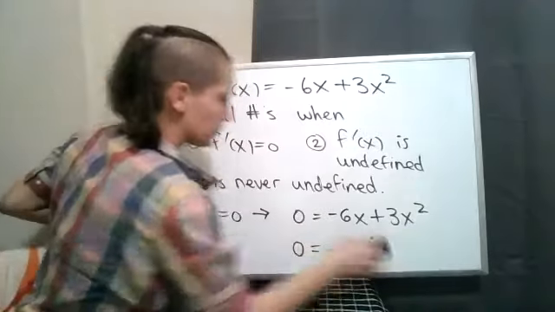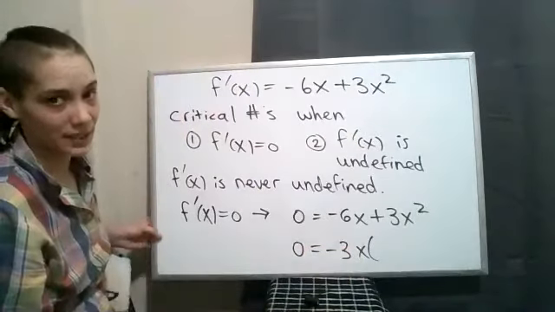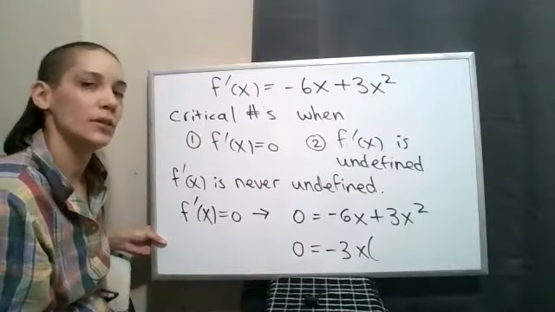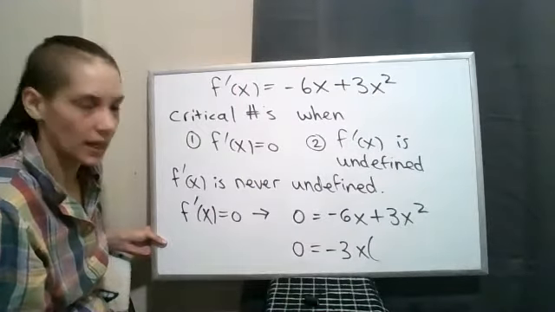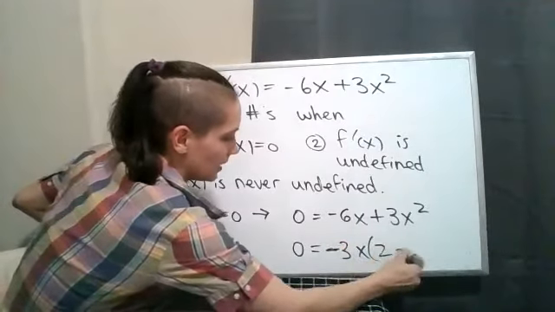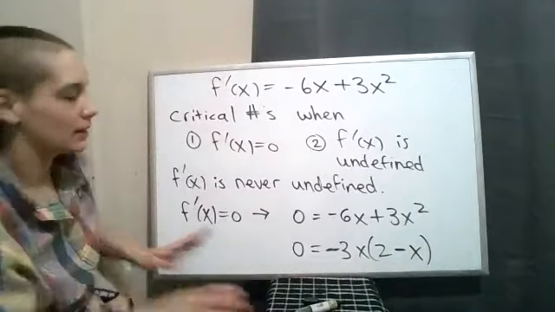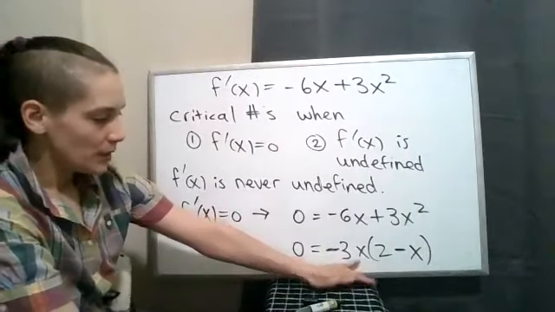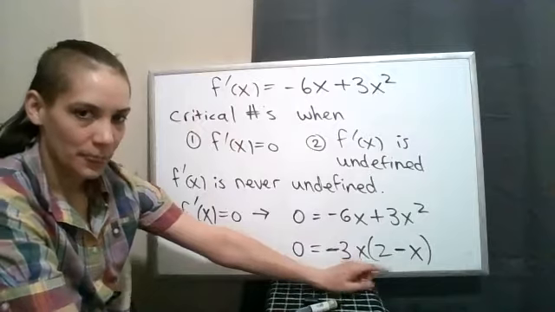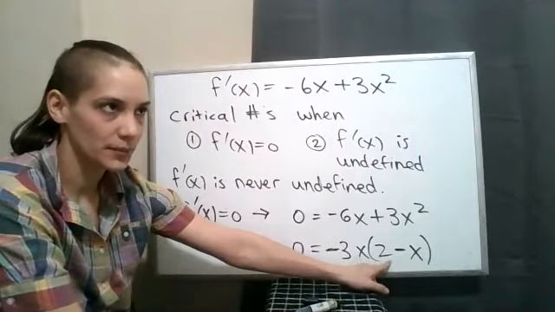There we go. That makes sense. Okay, so we're leaving behind 2 minus x, and there we go. So look at this piece, x equals 0. From what's in the parentheses, x would be +2.